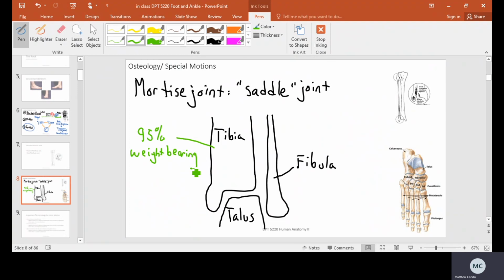Now the joint itself, and we're going to space this in here, in yellow, this is going to go by a couple different names. Technically, this is the tibio-talar joint.